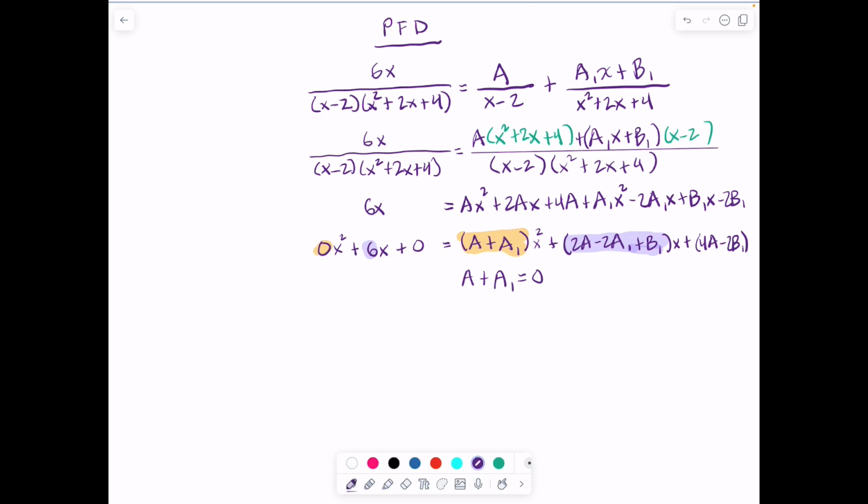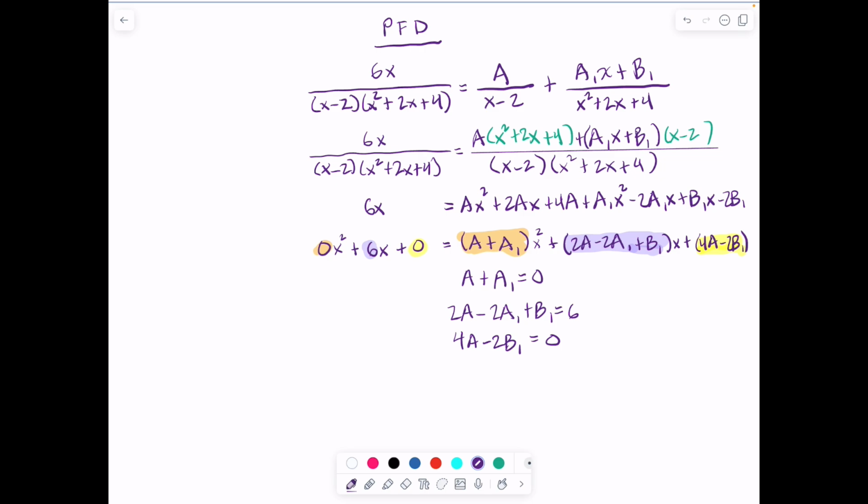So we'll have 2A minus 2a1 plus b1 equals 6. And then continuing, 0 is the constant term on the left, and 4A minus 2b1 is the constant term on the right. So we'll have 4A minus 2b1 is equal to 0.